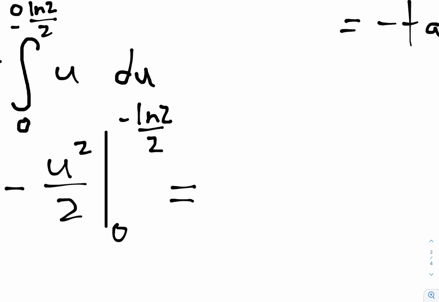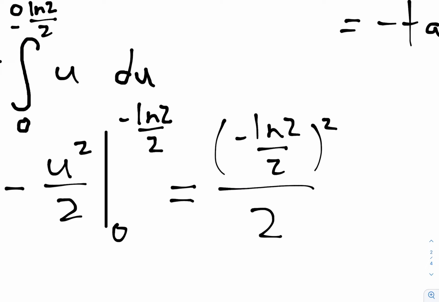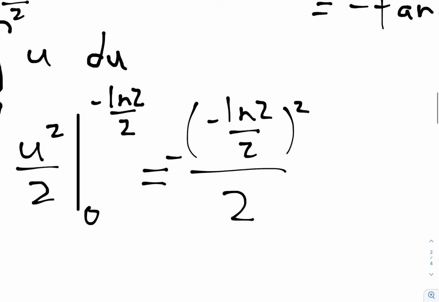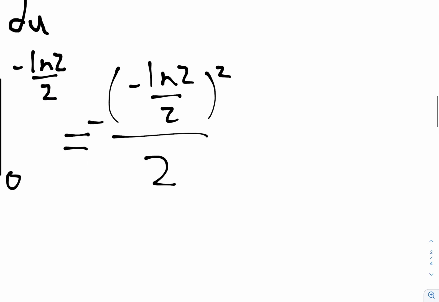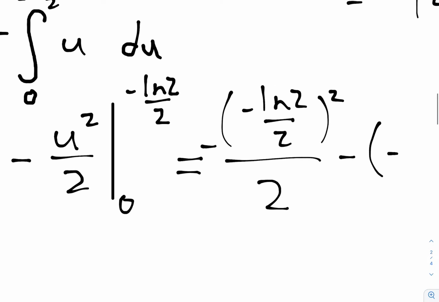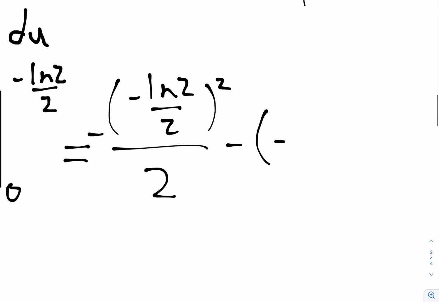So this is going to be equivalent to, let's see here, if we plugged in negative ln 2 over 2 for u, we get negative ln 2 over 2 squared divided by 2, and there's still this negative out front. Okay, minus, and then we have negative 0 squared over 2. So this term's going away.